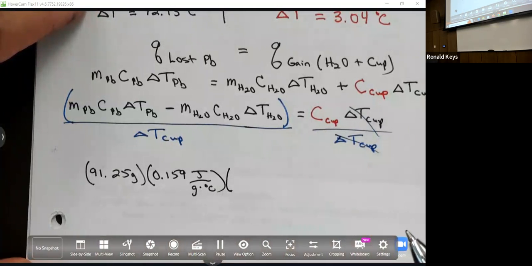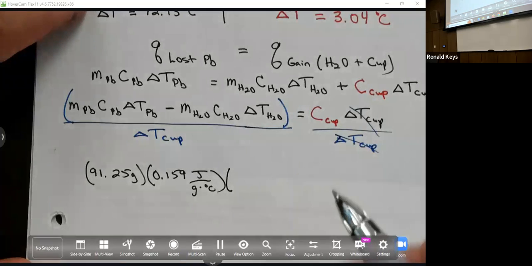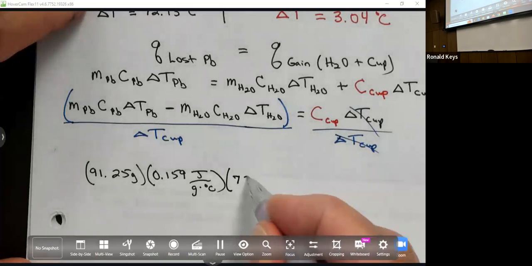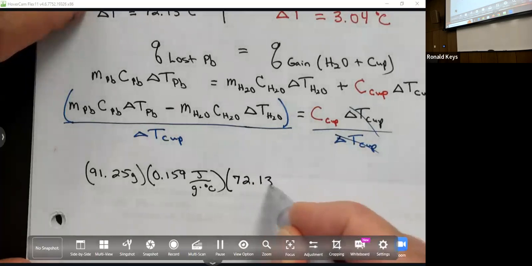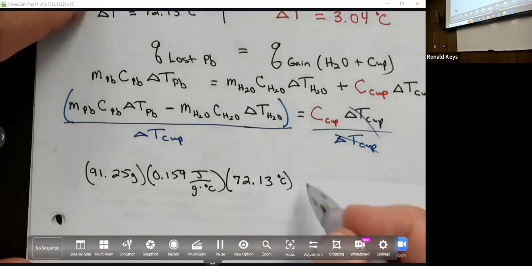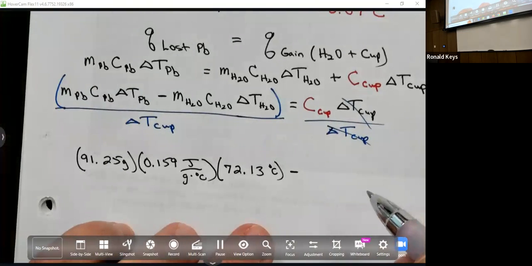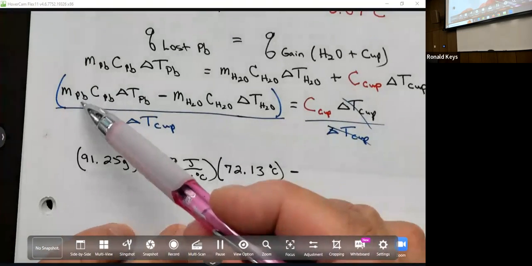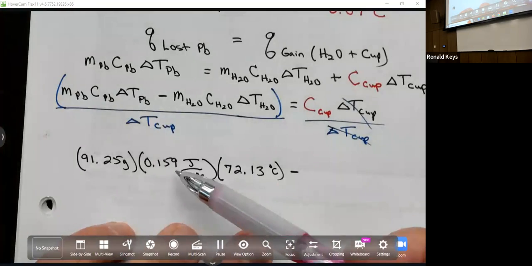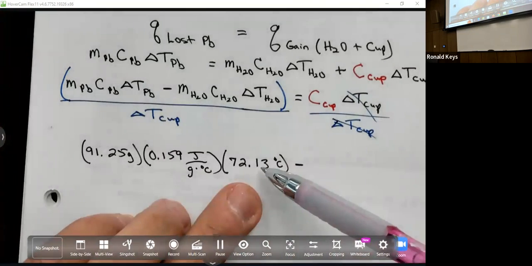My change in temperature is 72.13 for that. So that's my mass of lead, specific heat of lead, change in temperature of the lead.